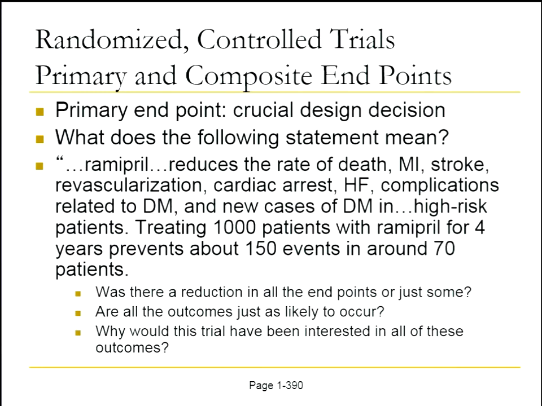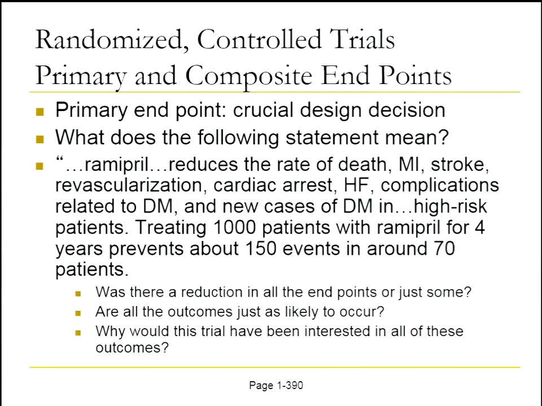The investigators need to be transparent in their reporting, and what we'd like to see is whether the rate of death is reduced in a similar way to MI, to stroke, to revascularization, to cardiac arrest, or whether one or two of these endpoints are pulling the composite endpoint in one direction.